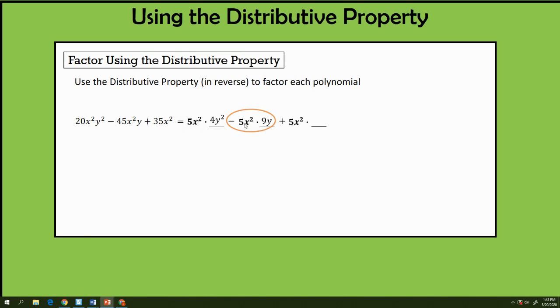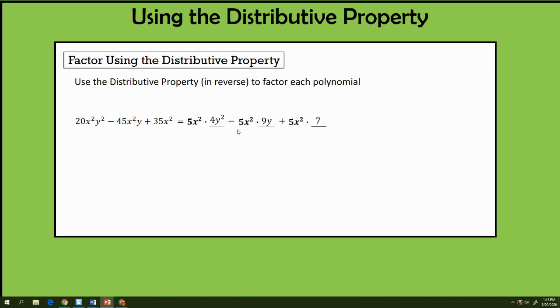What do I multiply 5x squared by to get the second number? Well, negative 5 and 9 is the negative 45. X squared times y is x squared y. So I needed 9y to multiply by my GCF to get that number. Okay, what do I multiply 5x squared by to get 35x squared? Well, just a 7. 5 times 7 is 35 times x squared is 35x squared.